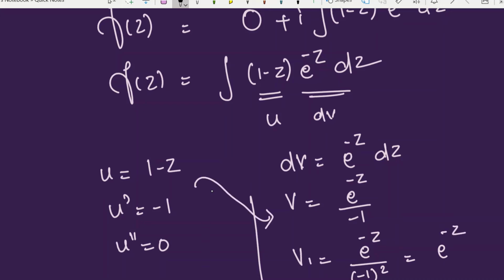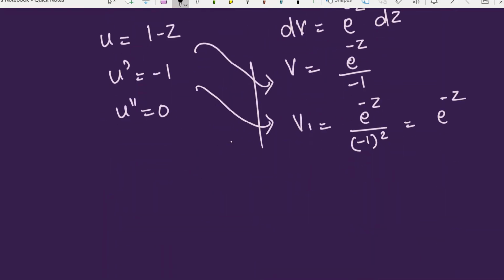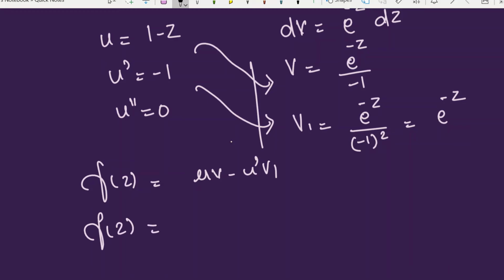The formula is uv minus u dash v1. F of z equals uv minus u dash v1, because from u double dash onwards it is 0. So f of z is (1 minus z) e power minus z divided by minus 1, minus u dash v1, and the formula itself alternates minus plus, e power minus z.